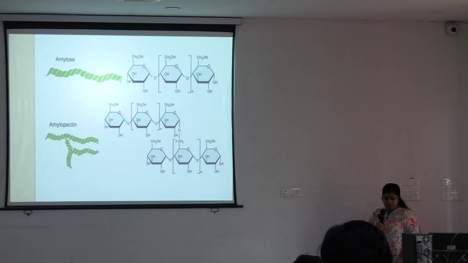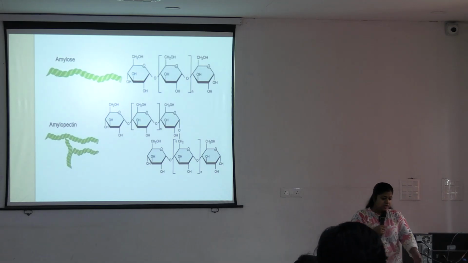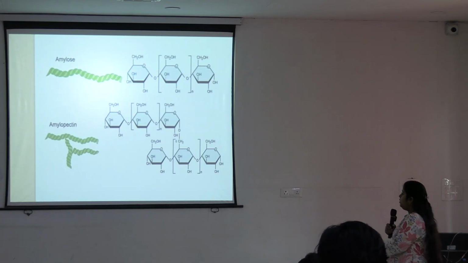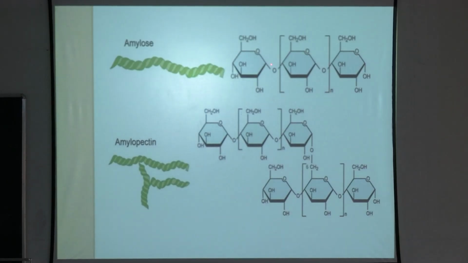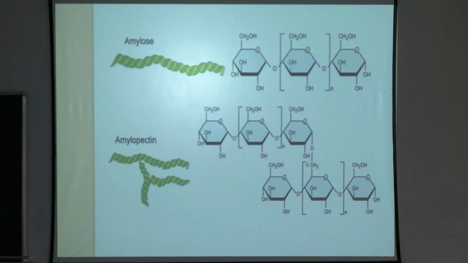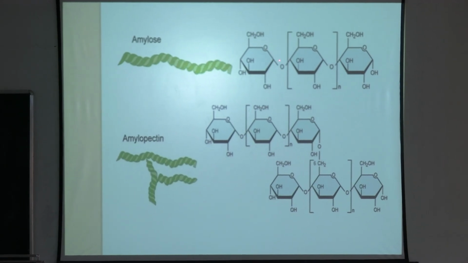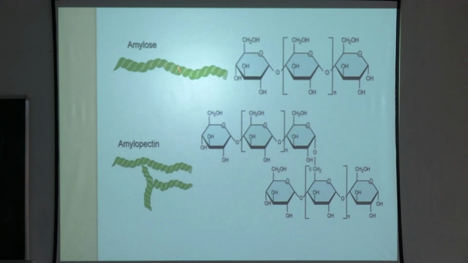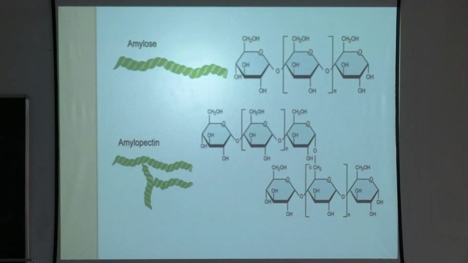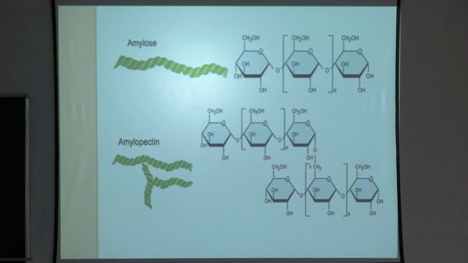What is amylose? Amylose is the straight chain of, what is this structure, alpha or beta? Alpha. So this is alpha D glucose joined by alpha 1,4 glycosidic bond. So amylose is nothing but a straight chain of alpha D glucose joined by alpha 1,4 glycosidic bond.